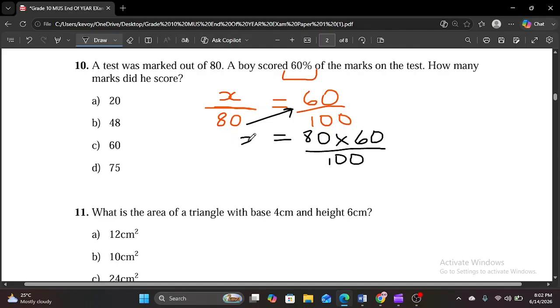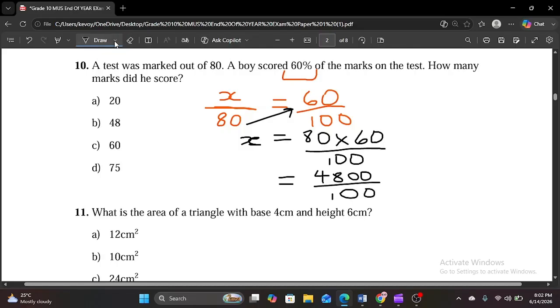So x is equal to 80 times 60 over 100. 80 times 60 is equal to 4,800, and that should be divided by 100.